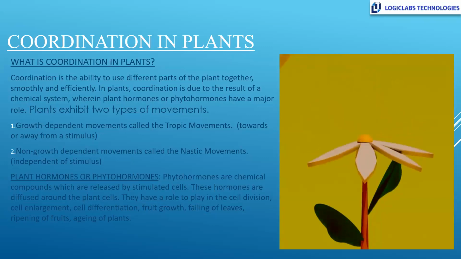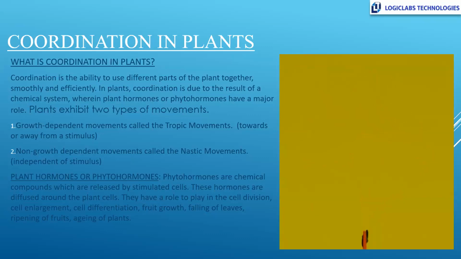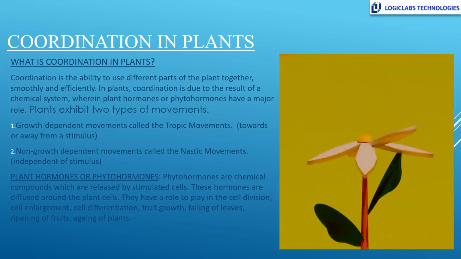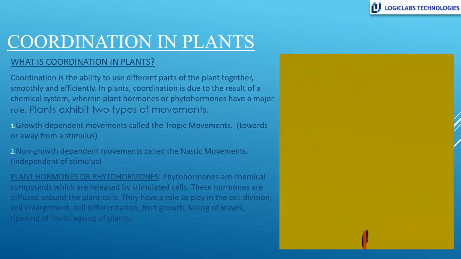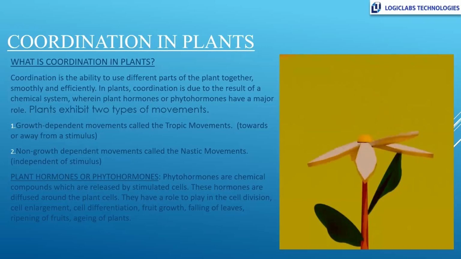Ripening of fruits. When you take the example of a mango fruit, at a very budding stage, the fruit is very small, only a small seed starts growing. And then when it is on the tree, after a few days, it starts changing its color from green to yellow. So this is because of these phytohormones or plant hormones which are being released.